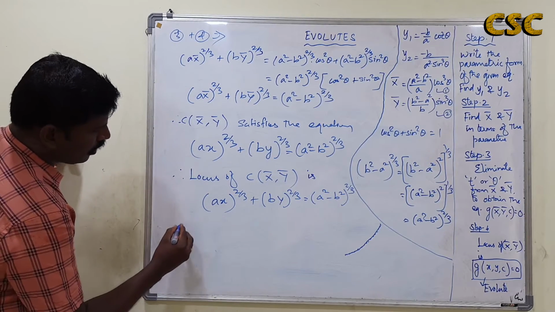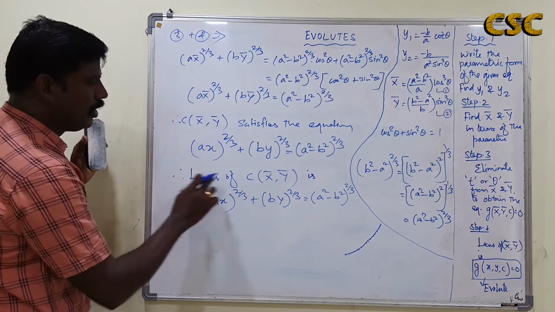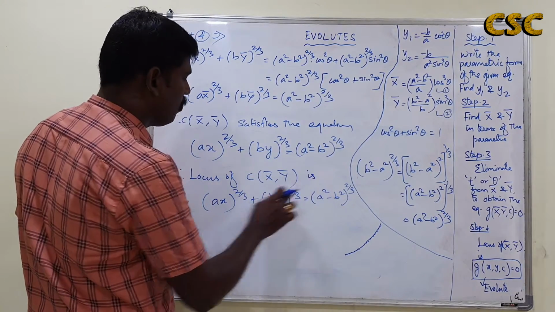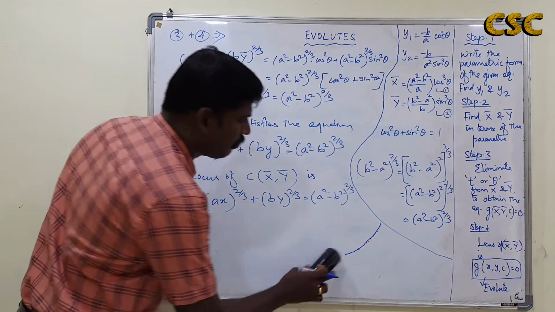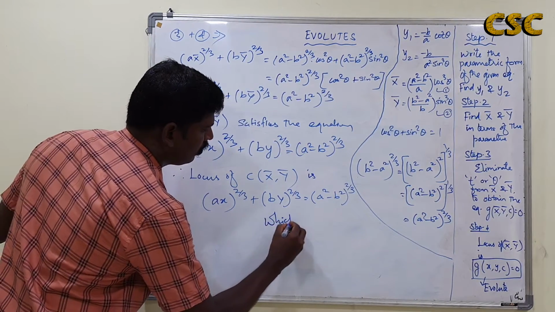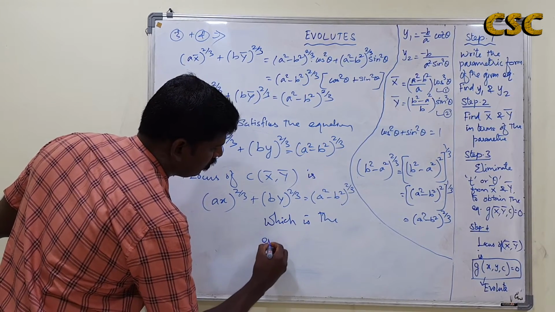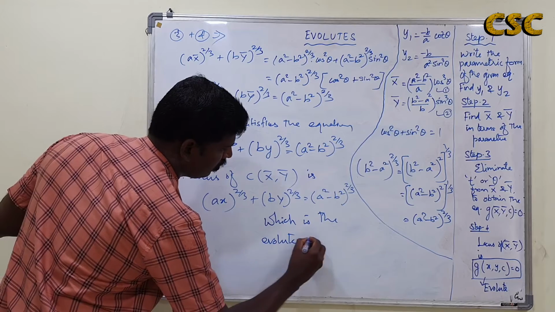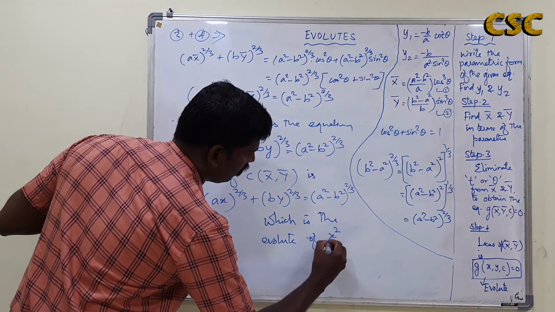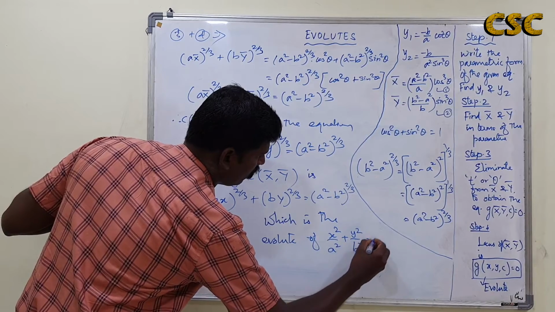So the locus of x bar comma y bar is this curve. This curve is nothing but the evolute of x square by a square plus y square by b square equal to 1.